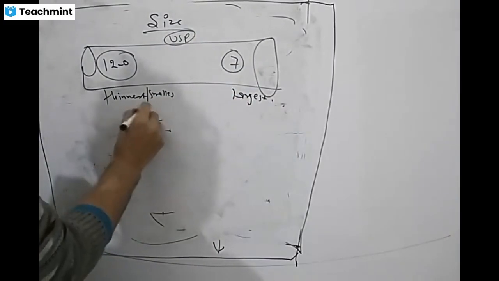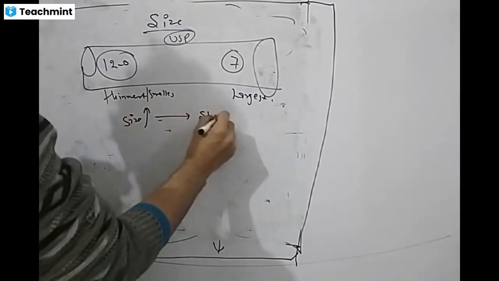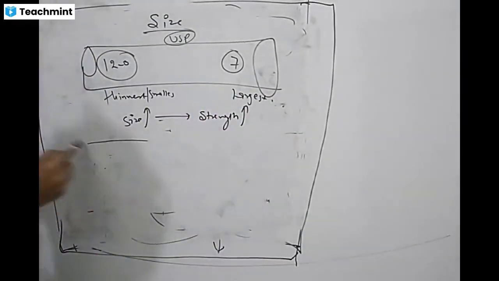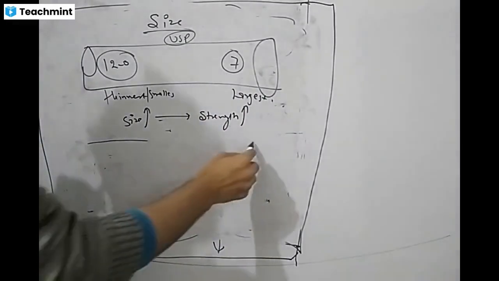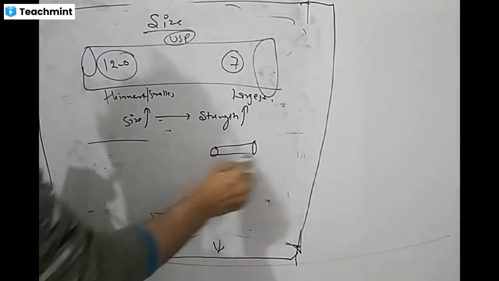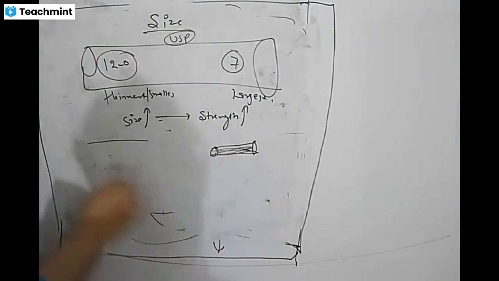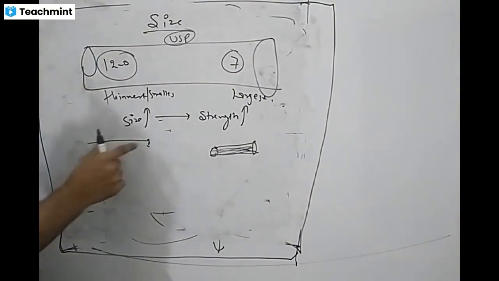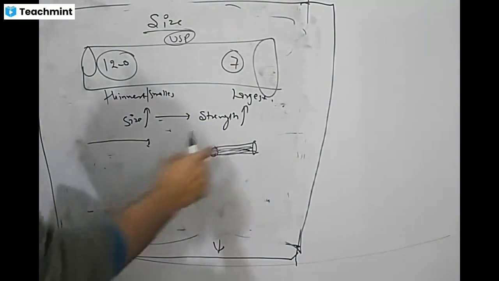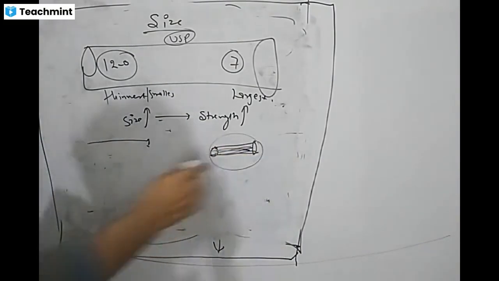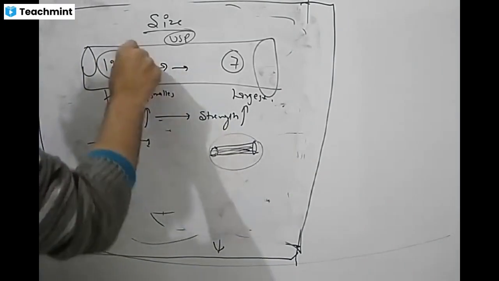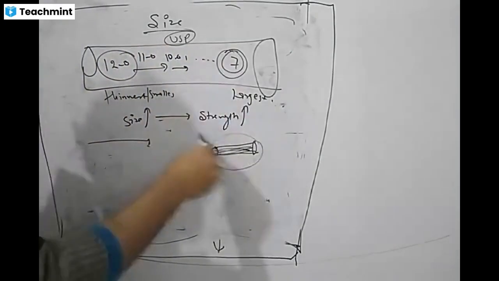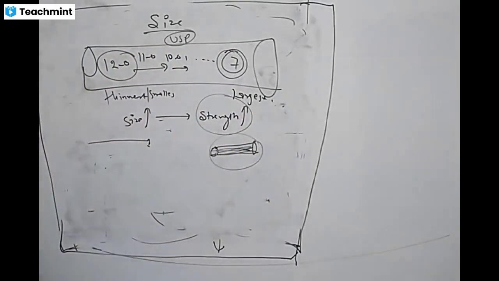As size increases, strength increases. This is the thin fiber and this is the thick fiber. The size means the diameter. So as the size increases from 12-0 to 11-0, 10-0, up to 7, the strength increases.